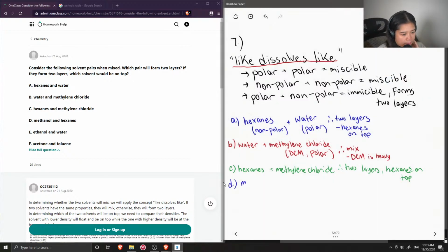D, methanol plus hexanes. So methanol is polar, so they will also form two layers. I believe hexane will still be on top.